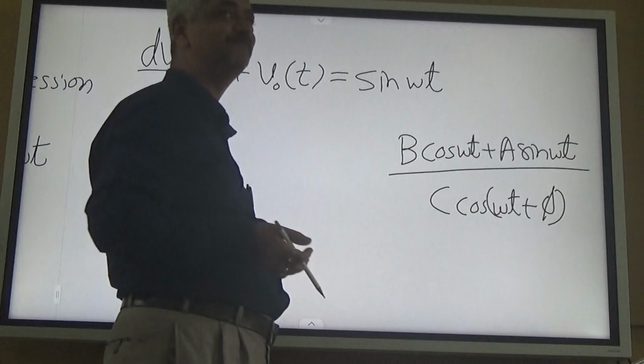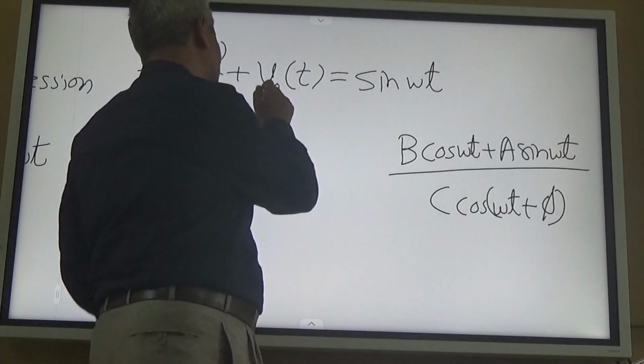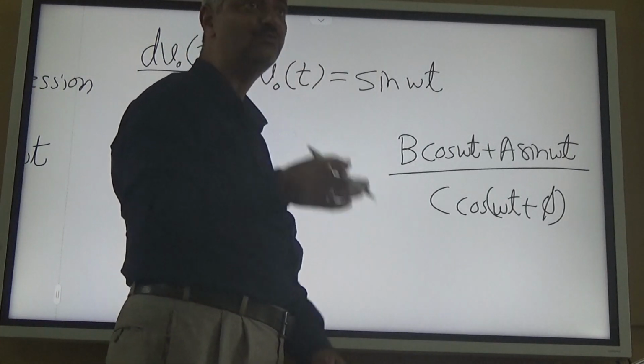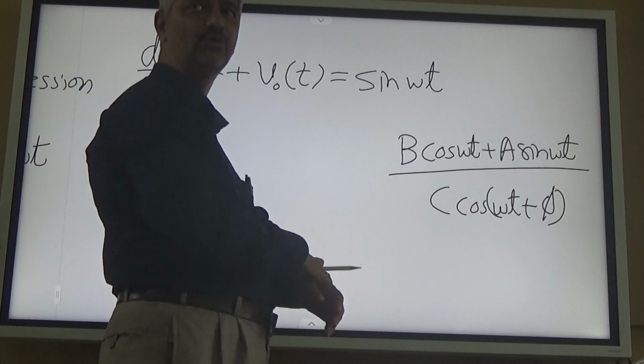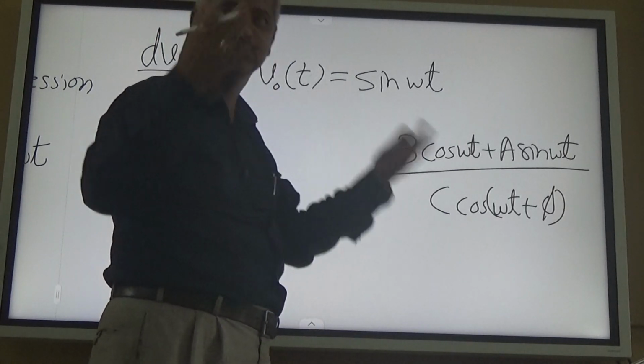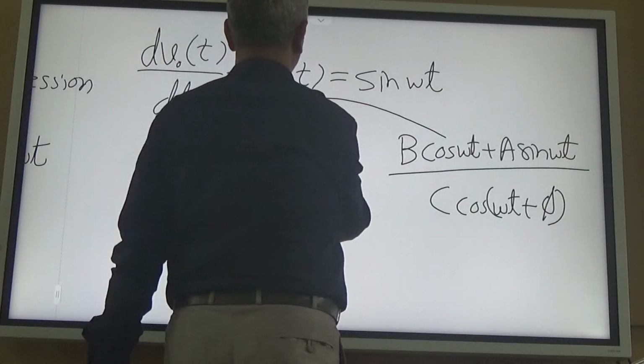So what we are asked to find out is V0(t), right? It has to be a sinusoid. So assume that this is V0(t).